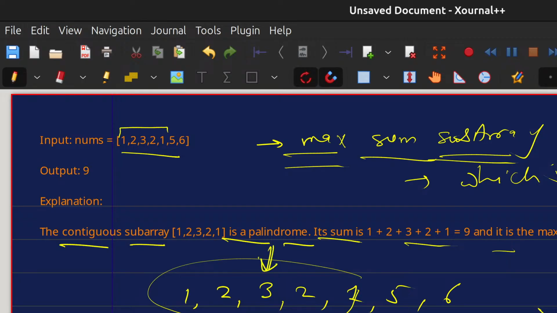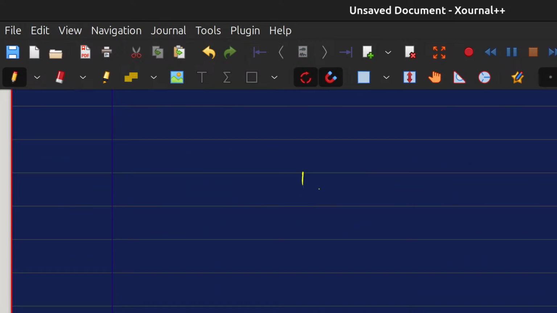So let's go by centers, right? Center, what is the center? 1 2 3 2 1 5 6. This is the center, right? Is this a palindrome? Yes. Sum is 1.